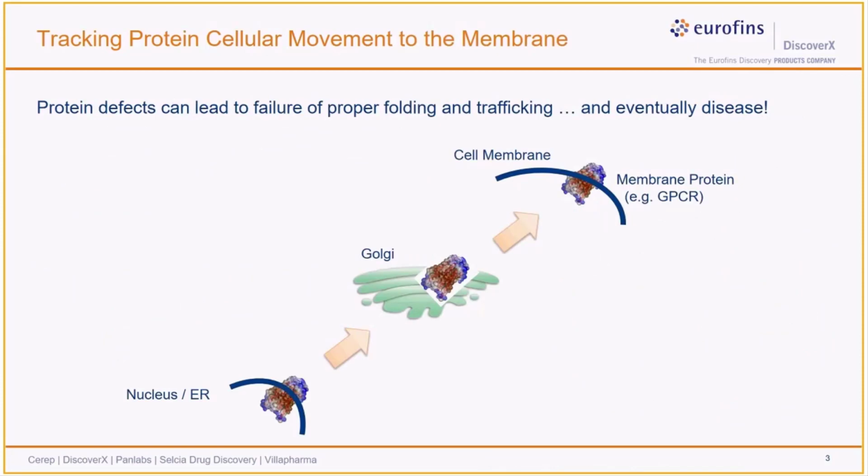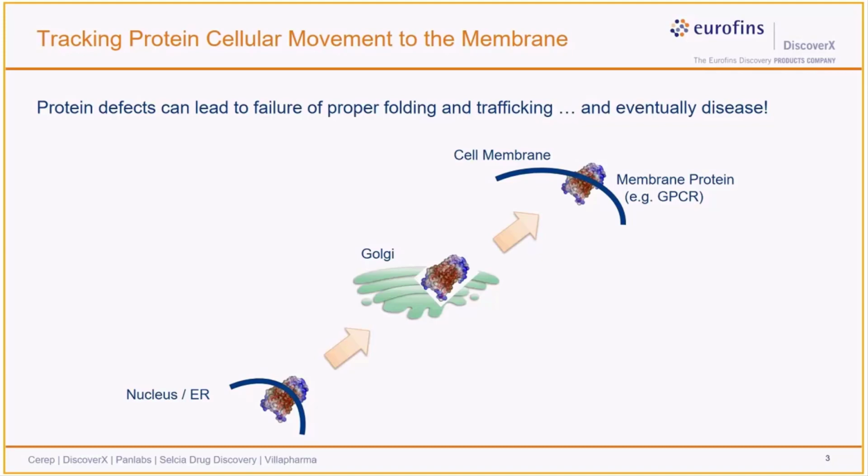So what we're looking at here is a very simplified illustration summarizing the progression of a transmembrane protein trafficking to its intended location, which is the cell membrane. The normal process by which proteins are folded and trafficked.